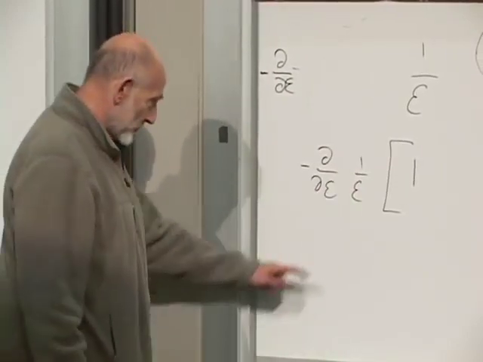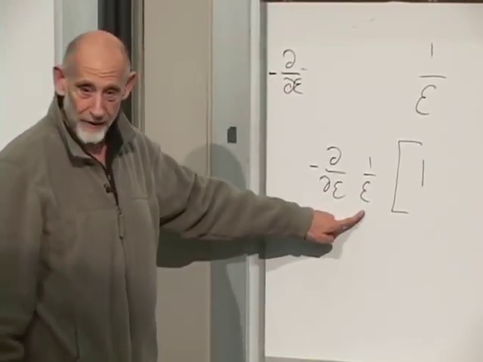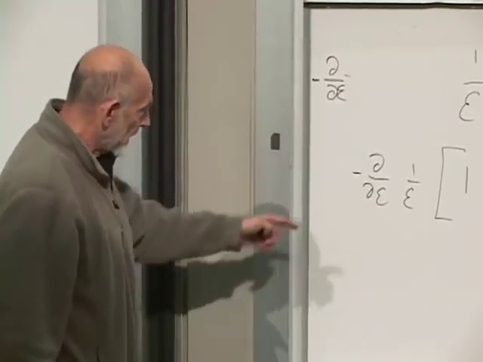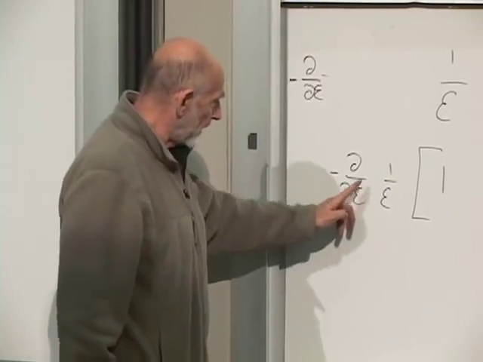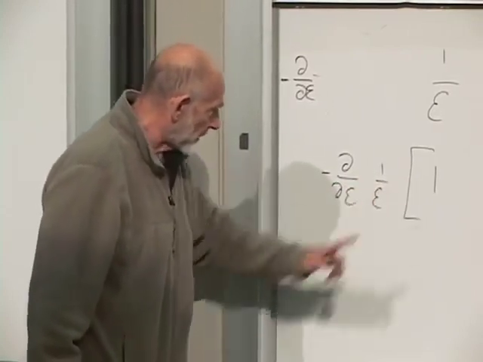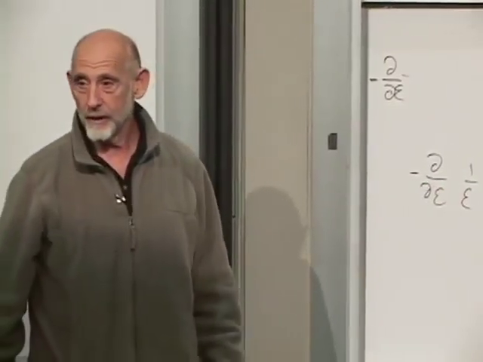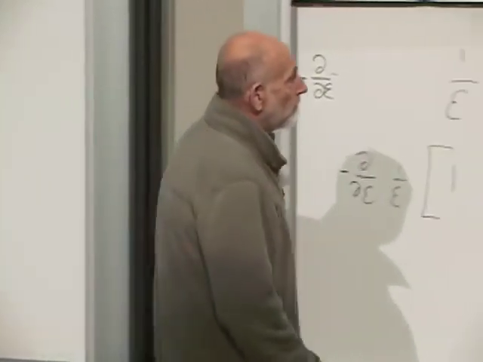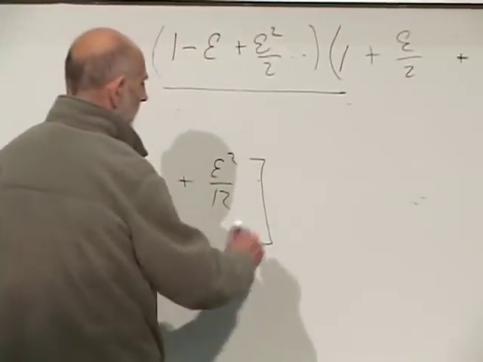Now we have a term which is 1 over epsilon. That's bad news. This is something infinite at epsilon equals 0. And remember, we're going to go to epsilon equals 0. All right, what's the derivative of 1 over epsilon? Minus 1 over epsilon squared, right?